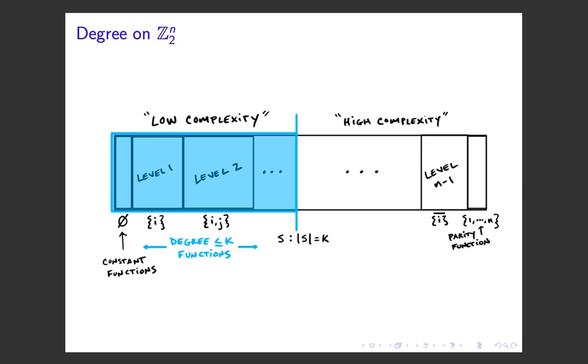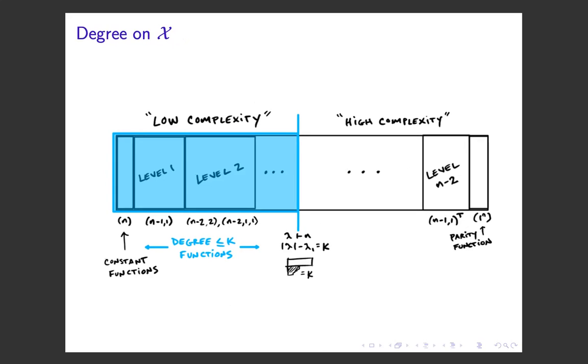We get the same picture now for arbitrary domains, only we're just replacing our subsets with integer partitions, which is very nice in that respect. So it's the same picture you have in mind about spectral complexity. You can just substitute in integer partitions, and more or less you have the right idea.